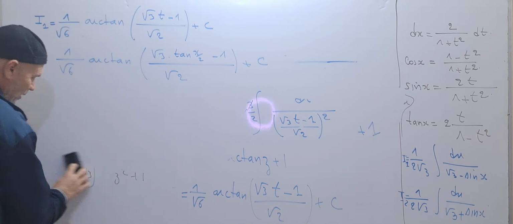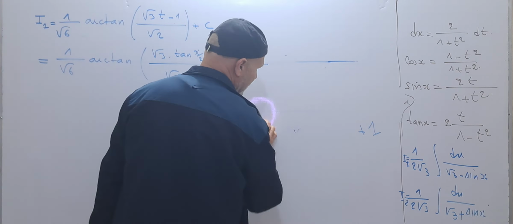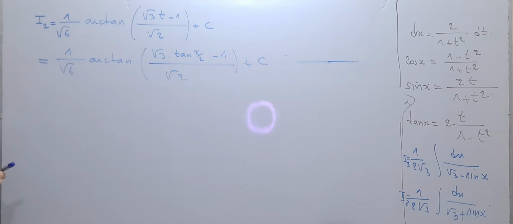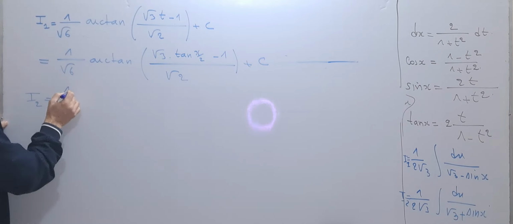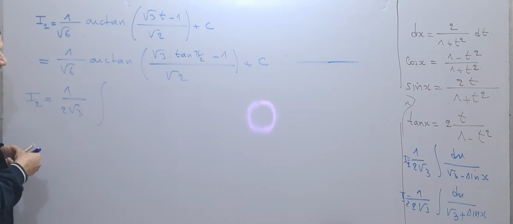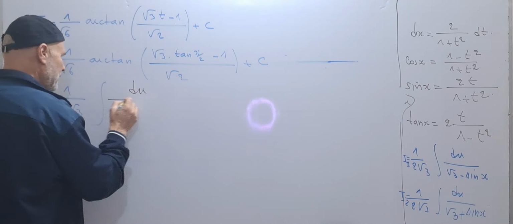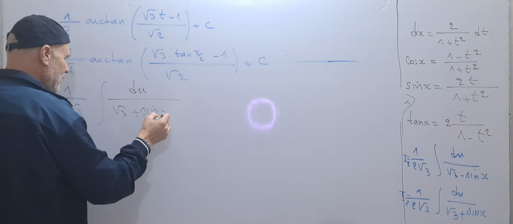About E2, it seems to be actually the same thing. I will just start it and stop just before giving the idea. For E2, 1 over 2 the square root of 3 the integral of dx over the square root of 3 plus sine x.